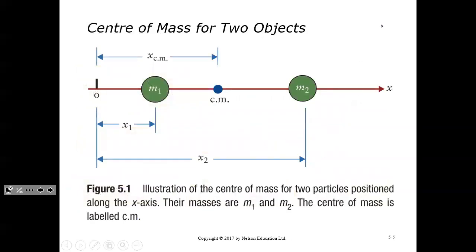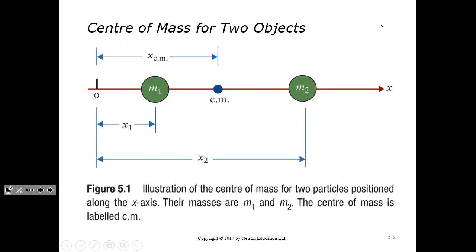So let's take the easiest example. Let's say we have two disjointed, not connected, point masses, point particles of mass m1 and m2. And I want to know for this two particle system where the center of mass is.